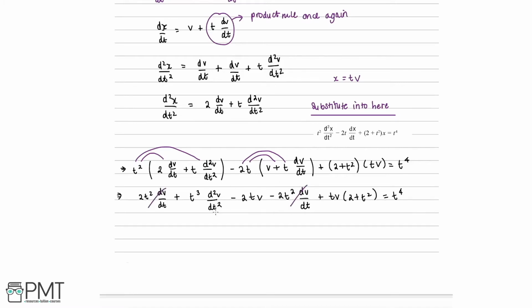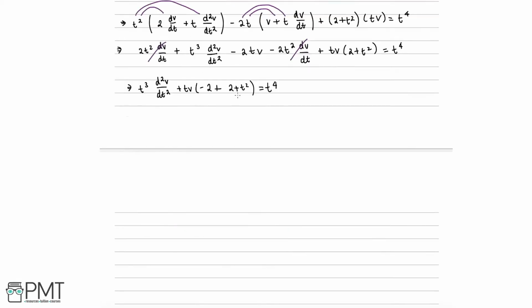T cubed multiplied by the second derivative of v minus 2tv plus tv multiplied by 2 plus t squared is equal to t to the power 4. Now you can also notice that there is a common factor of tv for our 2tv and our tv multiplied by 2 plus t squared over here, and thus we can group these terms together to give you t to the power 3 multiplied by the second derivative of v with respect to t plus tv minus 2 plus the bracket over here, which is 2 plus t squared, is equal to t to the power 4.